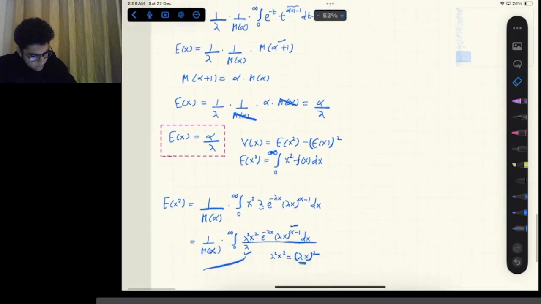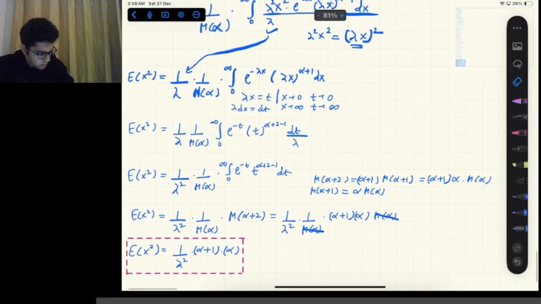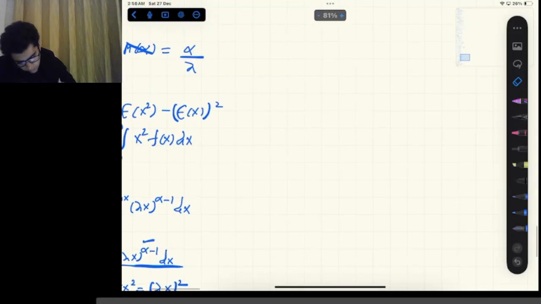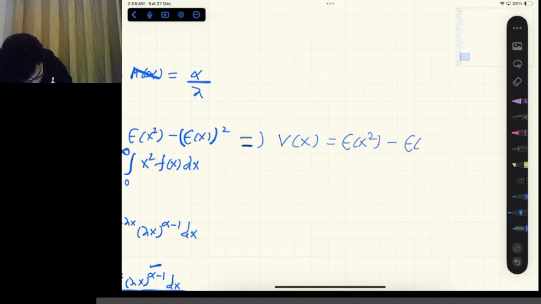Right? Now I'll use these two red boxes. My variance is equal to E of x square minus E of x whole square.